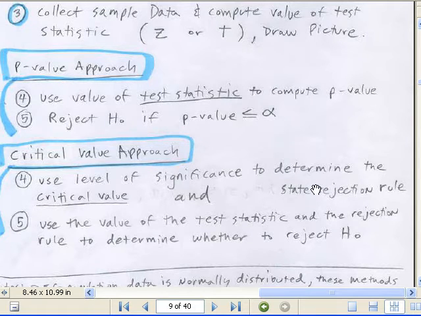And that'll be different each time depending on our critical value. Whereas with p, the rule is just going to be straight. It's the same every time, whether it's two-tail, one tail to the left, one tail to the right. Back to the critical value. Step 4, we calculate the critical value, state our rejection rule. And then step 5, use the value of the test statistic and the rejection rule to determine whether to reject H sub 0.